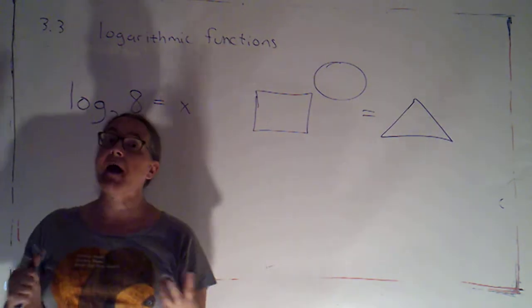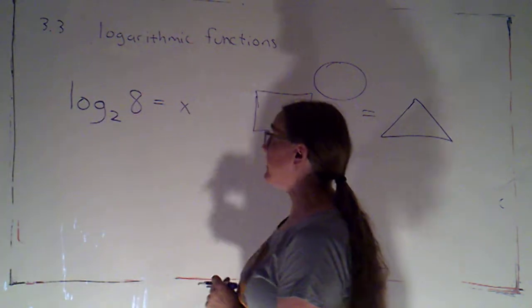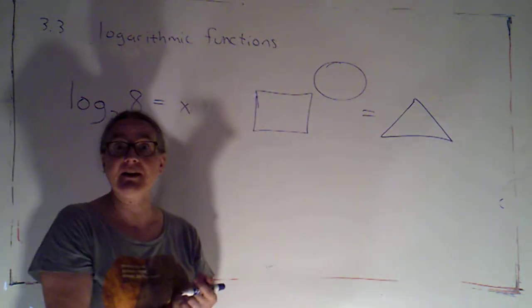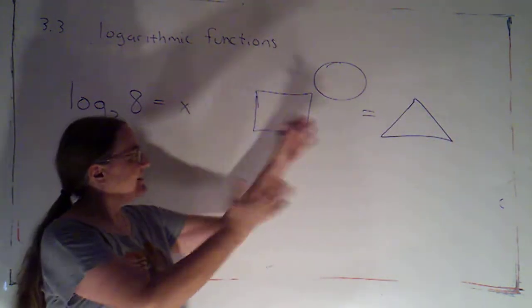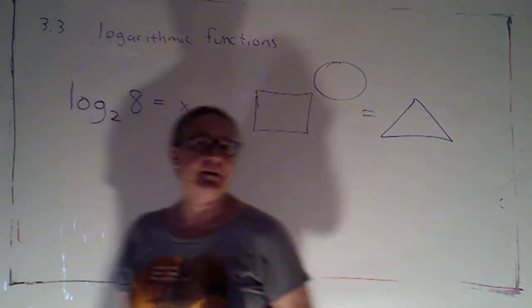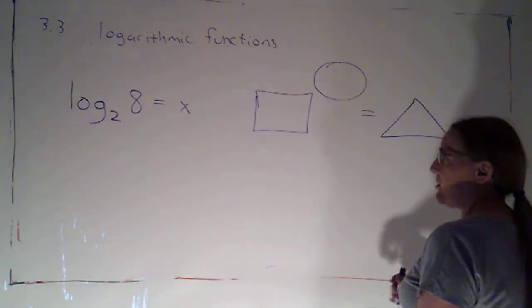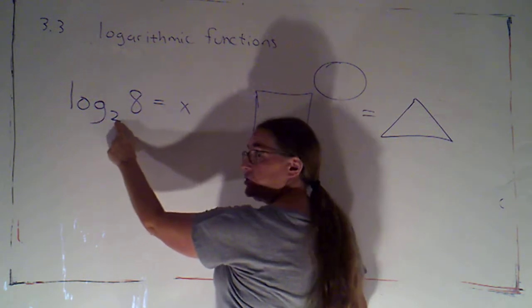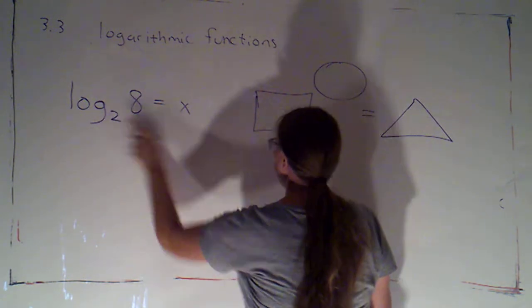So I can talk about where I'm going to put things, because I'm basically going to be rearranging these things. I've got a 2, an 8, and an x, 3 things to go in 3 places, and this just allows me to talk about where I'm putting them. Okay. So this says the exponent I need when 2 is the base. 2 is the base.